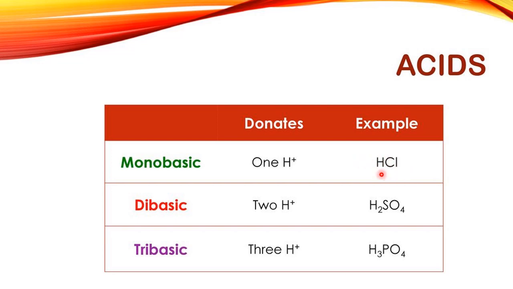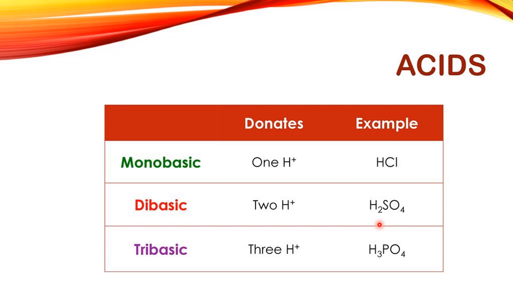Because HCl gives only one H plus, it is called a monobasic acid. In the same way, sulfuric acid gives two protons, therefore it is a dibasic acid. And phosphoric acid gives three protons, therefore it is called a tribasic acid. So depending upon the number of H plus it gives, it is classified as monobasic, dibasic, tribasic.